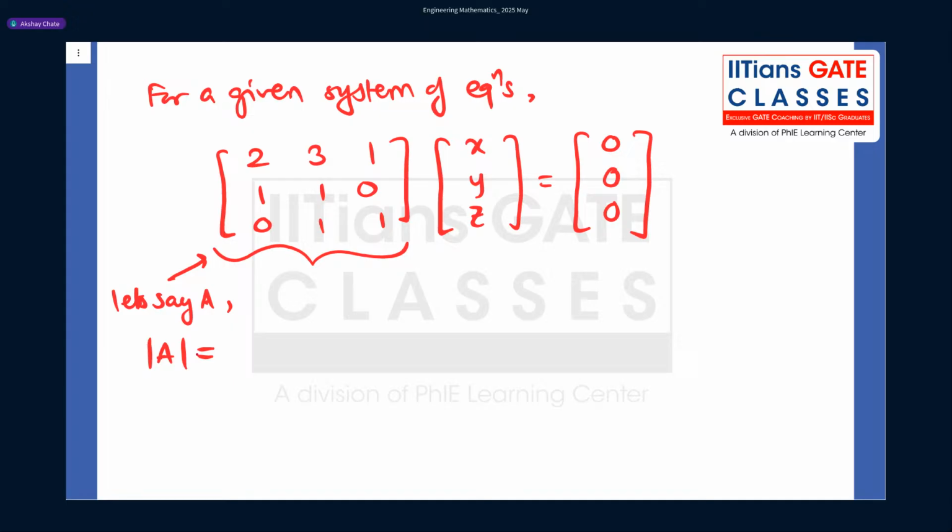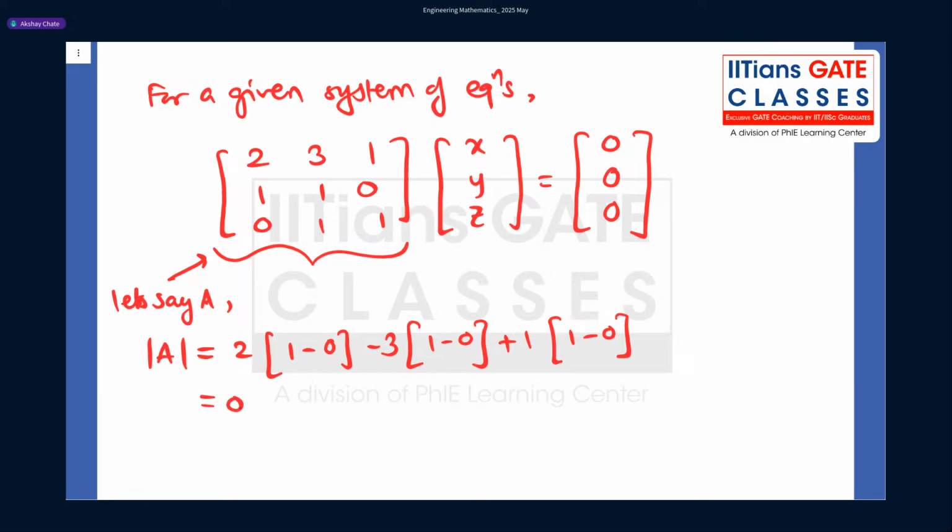Then the determinant of this matrix, you should know how to calculate the determinant of a 3 cross 3 matrix. It's a standard procedure. So it will be 2 into 1 minus 0, minus 3 into 1 minus 0, plus 1 into 1 minus 0. All the square brackets are 1, so it is essentially 2 minus 3 plus 1, which is equal to 0.